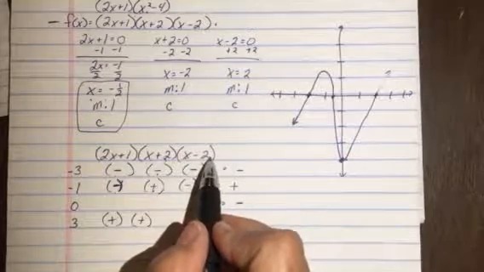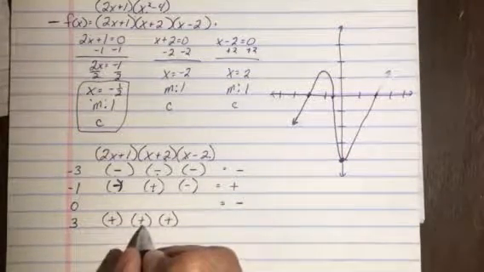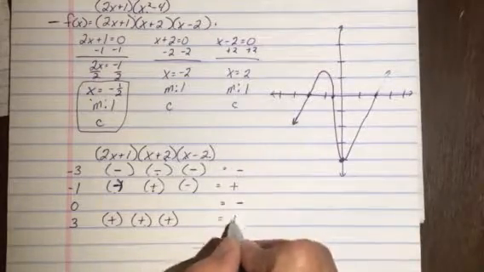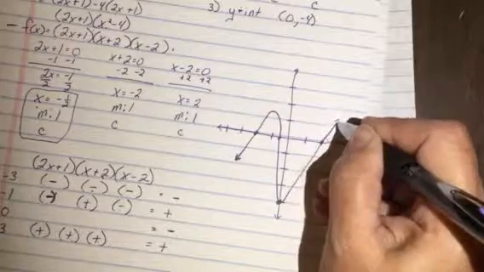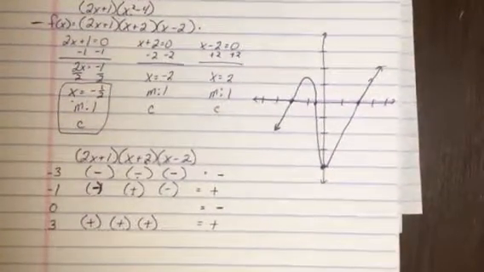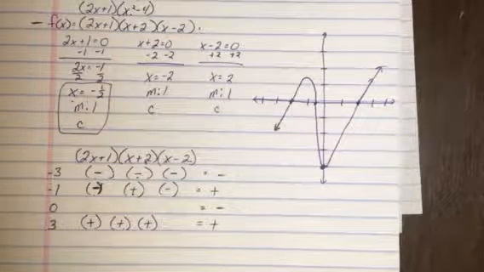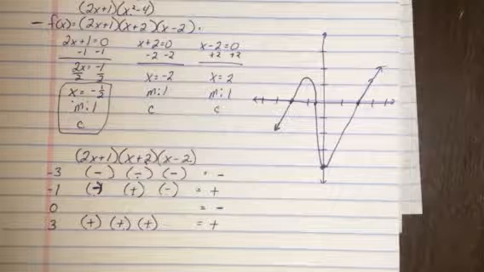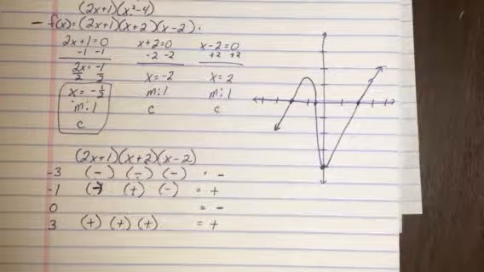And 3 minus 2, well, that's 1, that's still positive. And a positive times a positive times a positive, well, guess what? That's positive, proving that, yes, after 2, we are above the x-axis. And there is our rough graph. There is one from start to finish graphing a polynomial. Good luck.